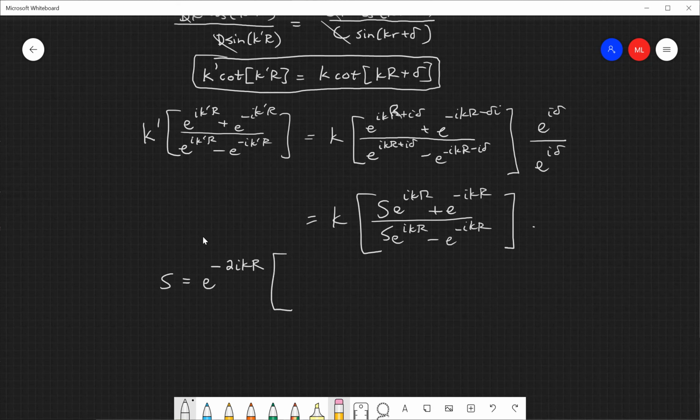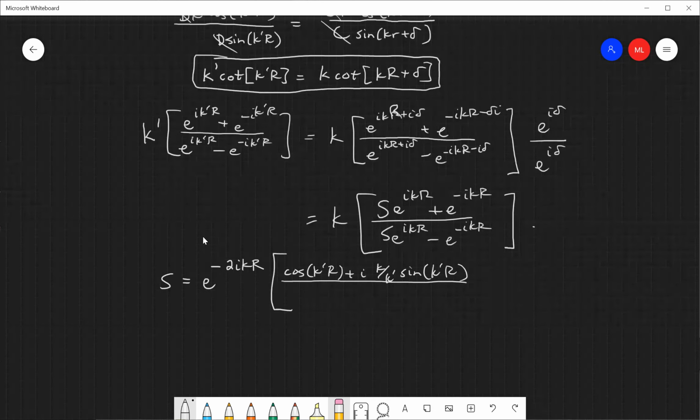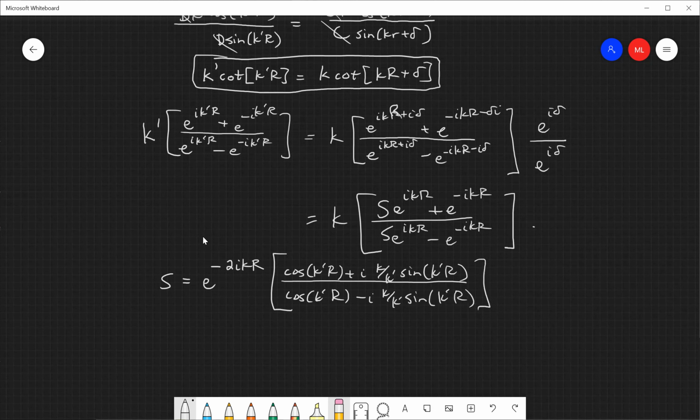And you can put the exponentials back together and you'll get cosine, k over k prime sine, and on the top and on the bottom you'll get... so that's the S matrix for the scattering there.